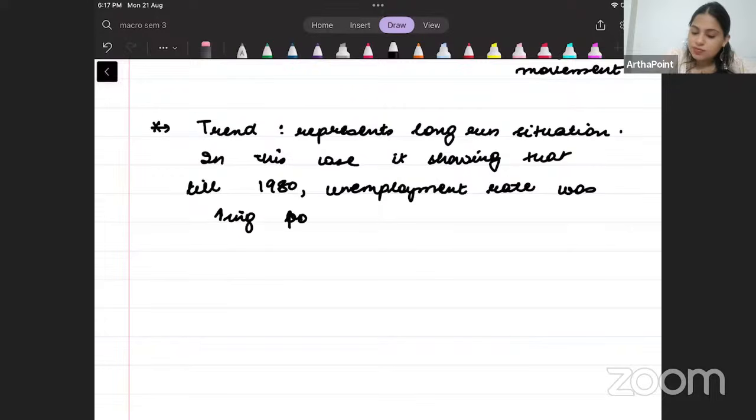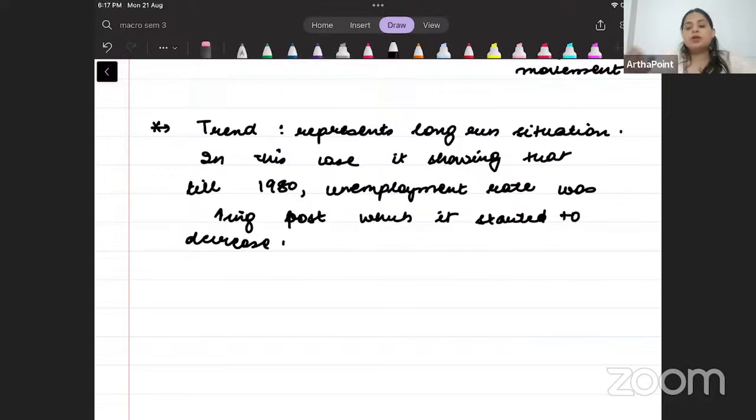Post which it started to decrease. Okay, beta. Post which it started to decrease.